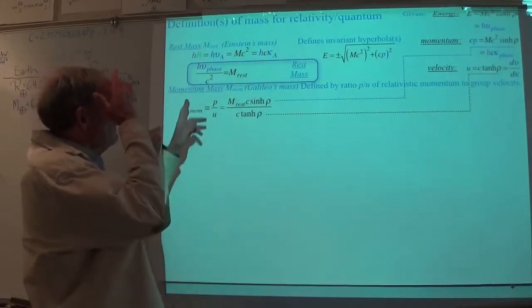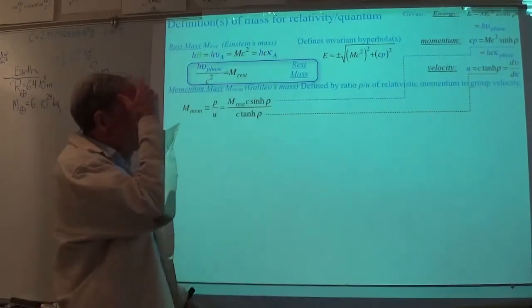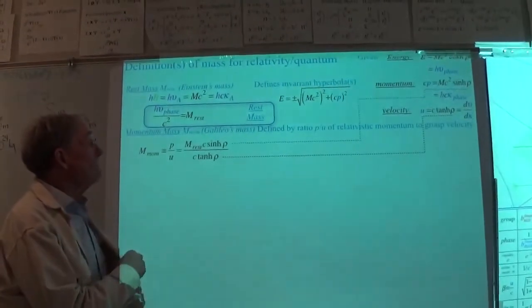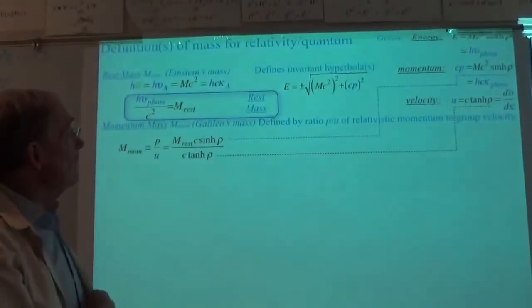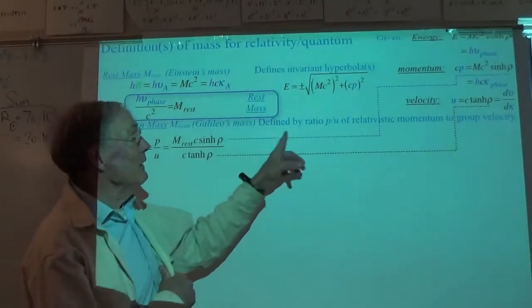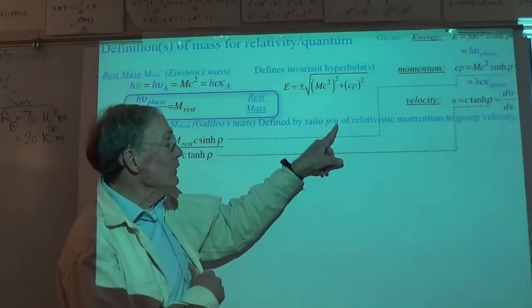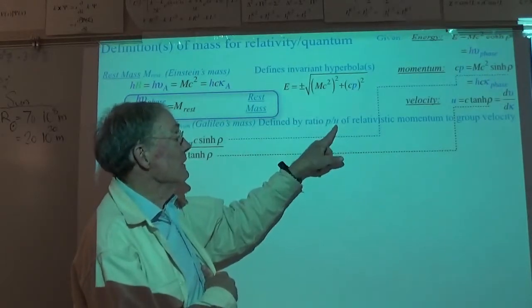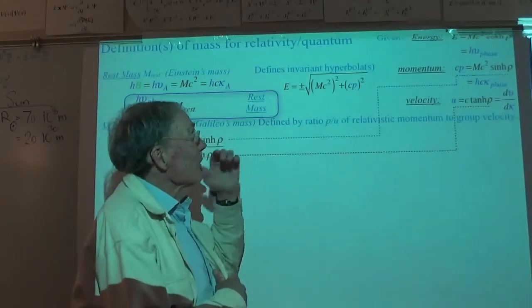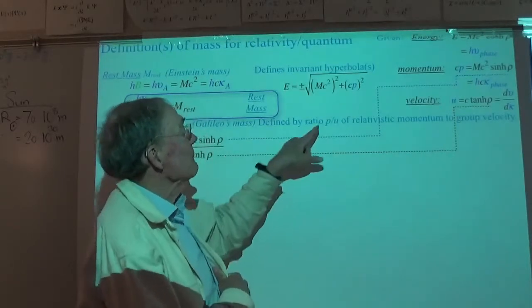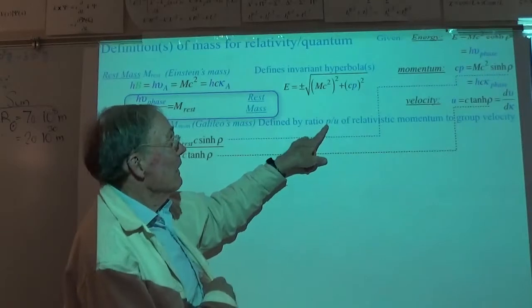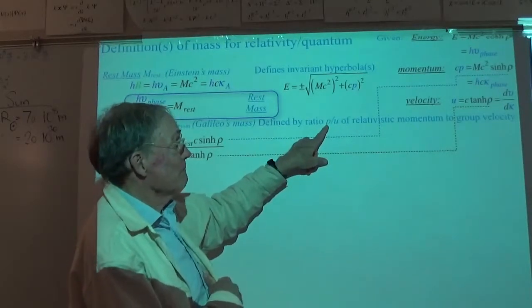But momentum mass is what you have learned if you have studied relativity the ordinary way. And the way I'm going to attack it here is define it by the ratio P over U. Now P is mv or mu, and I divide the U out, I've got m. Okay, so I'm going to define it that way, but I'm going to use the new definition of momentum that we've come up with here using kappa phase.